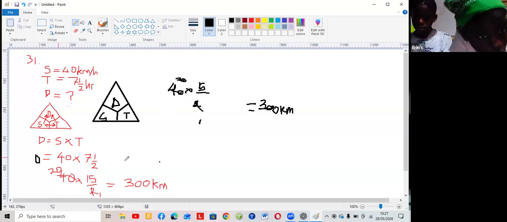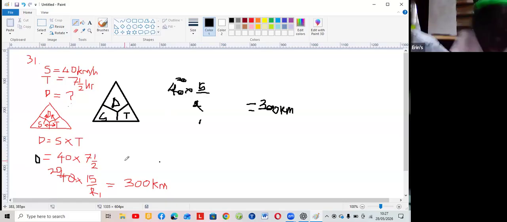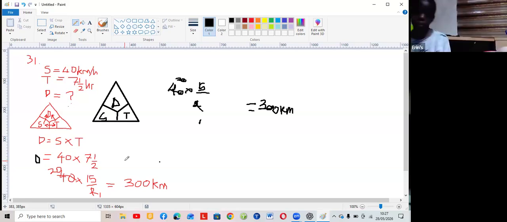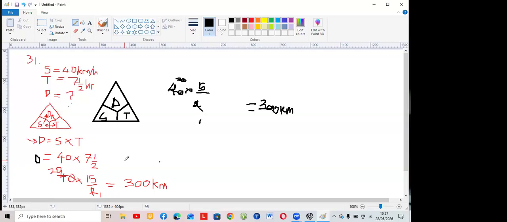Not all the time, but writing is important. Let me show you what I mean. Can you see that I've written D here? Yes, sir. So my not writing it on the next line implies that D is there. It's the same trend. I'm just following that line.